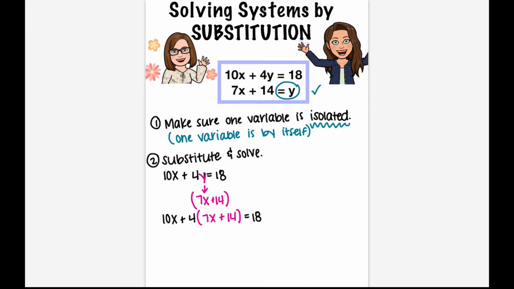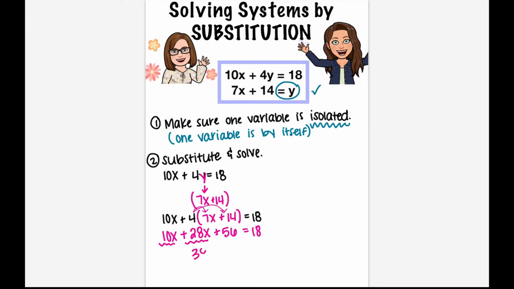Now we want to solve. To solve this equation, I have to distribute this 4. So that gives us 10x plus, now 4 times 7x is 28x, 4 times 14 is 56, and then bring down the equals 18.